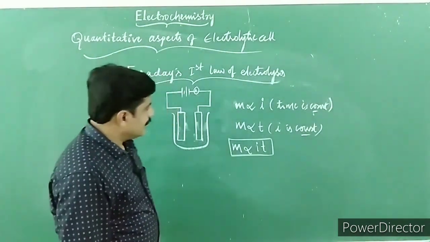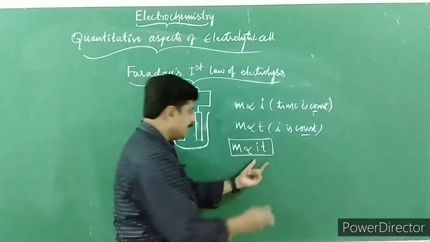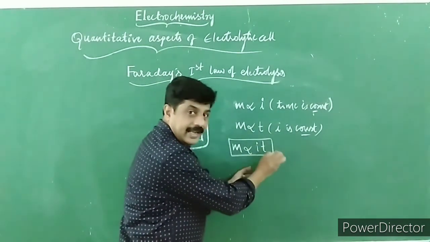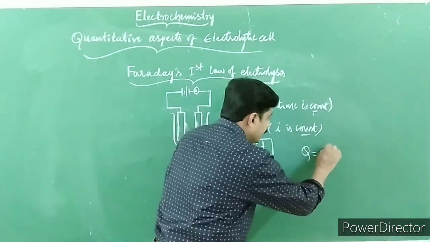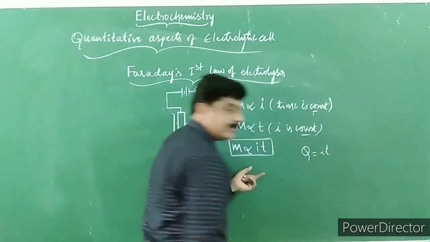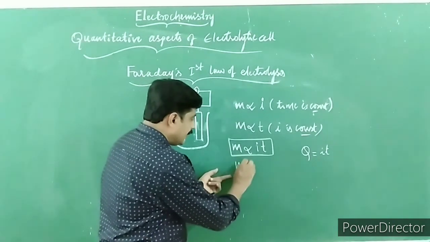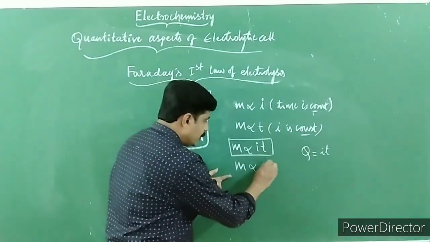Children, I and t are nothing but electric current and time, and we know the expression Q is equal to I into t, is it not? So M is directly proportional to Q.